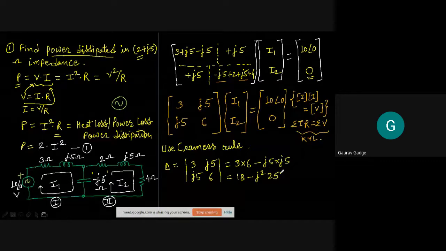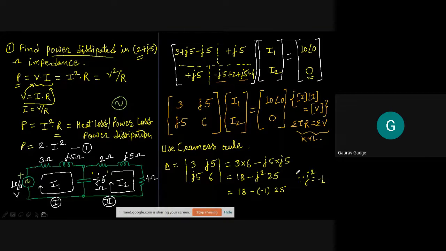J square is equal to -1. Okay, because j square is equal to -1, as j is equal to root -1. So j square is -1.